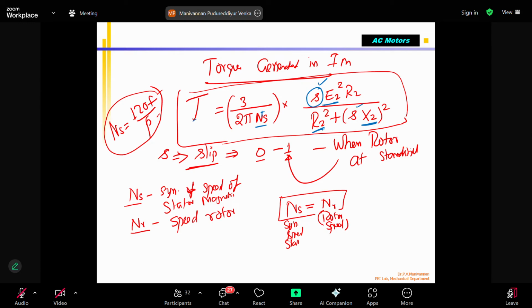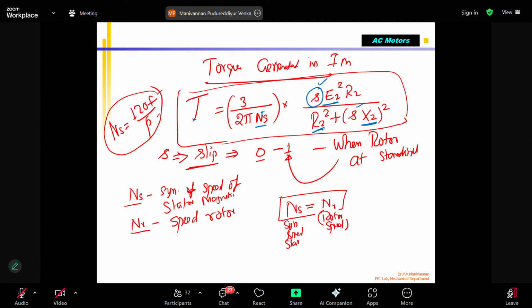The torque equation gives S square. The numerator is S, and in the denominator you have the S square term. Because of that, this behavior is coming. Okay, sir, so we will come back. I got you on this one. Definitely I will explain to you.